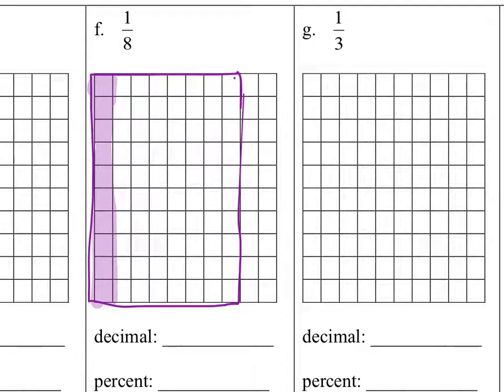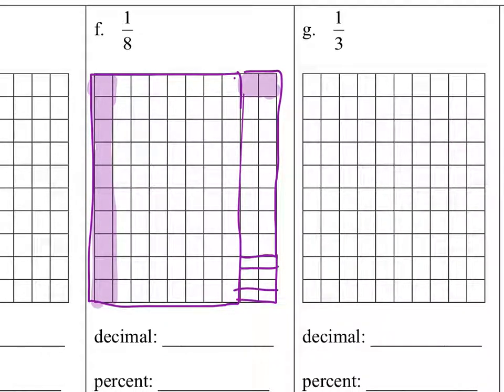Well, then I've got 20 parts left, and I can identify 16 of those. Now I'm looking at these horizontally, and if I shaded 1 out of those 8, there's those 2. But then I've got 4, so I'm going to need to go into these last 4 parts and cut them in half.